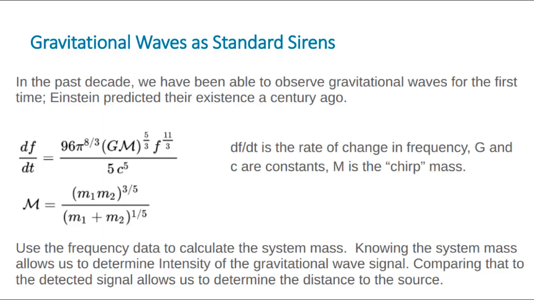So this is a very new technique, and it works a lot better when you combine the gravitational wave source with an electromagnetic counterpart like a gamma ray burst or a supernova or a kilonova.